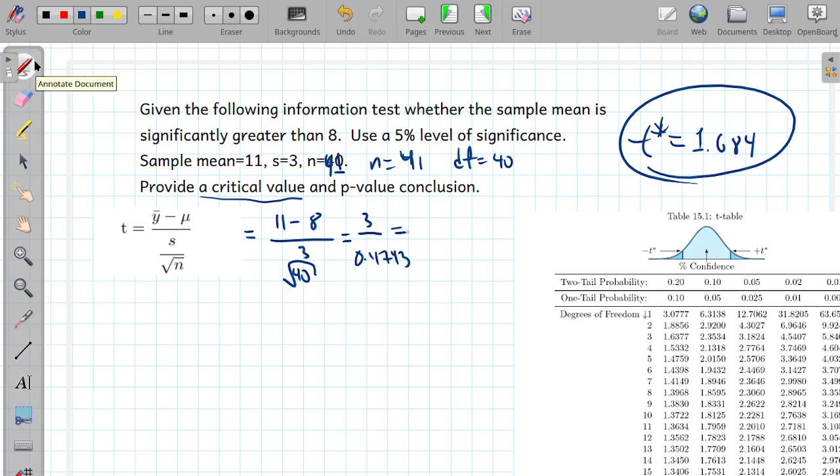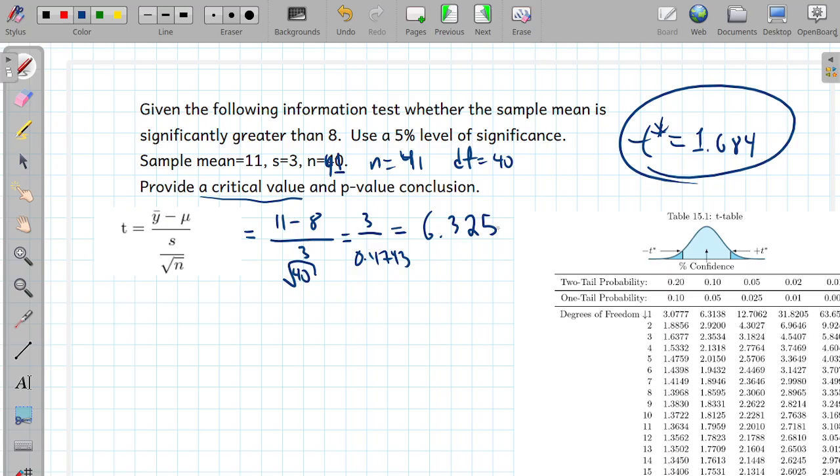So 3 divided by that gives us 6.325. Good enough. Well, that's a very large test statistic.